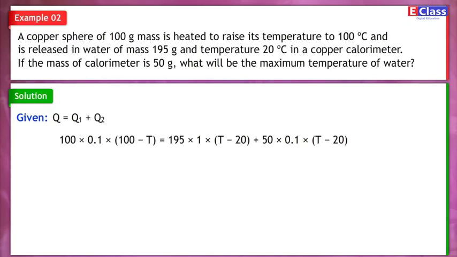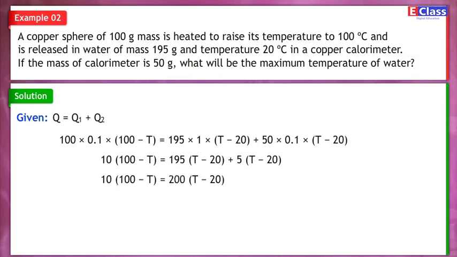100 × 0.1 × (100 − T) = 195 × 1 × (T − 20) + 50 × 0.1 × (T − 20). 10 (100 − T) = 195 (T − 20) + 5 (T − 20). 10 (100 − T) = 200 (T − 20). 210 T = 5000.